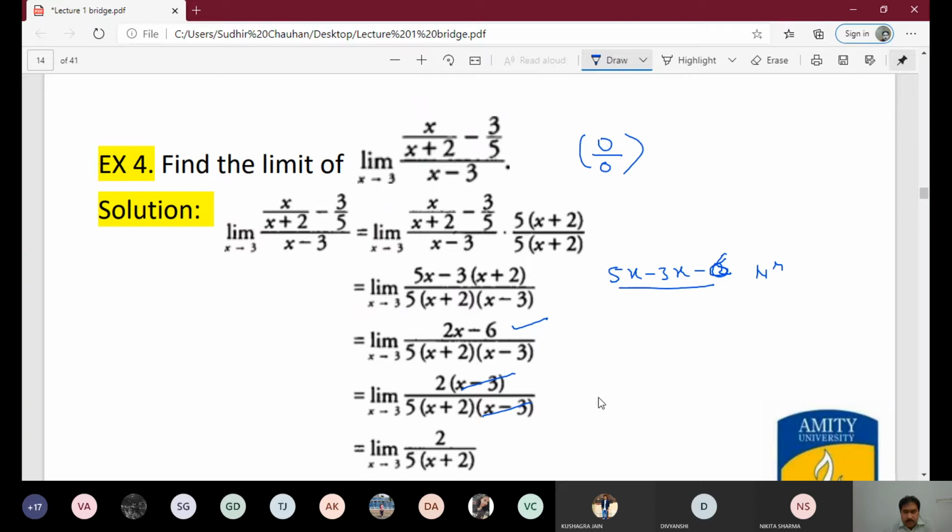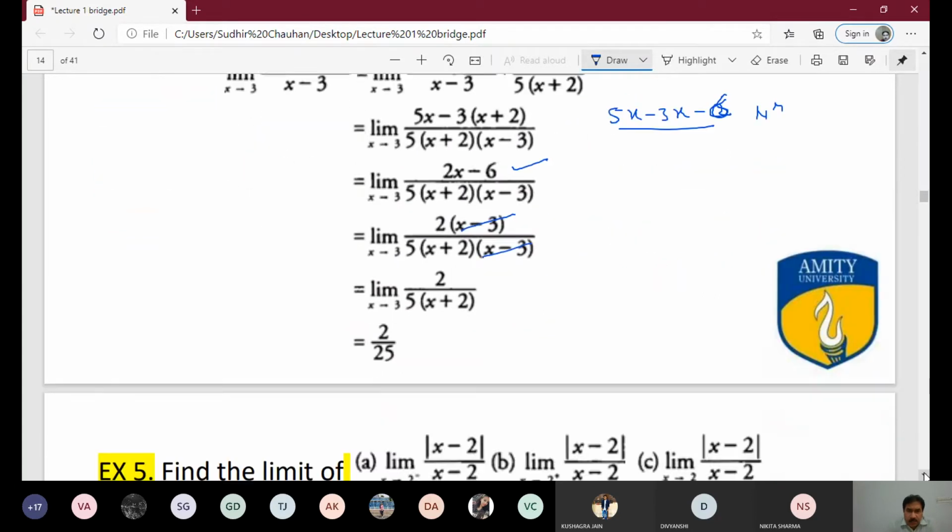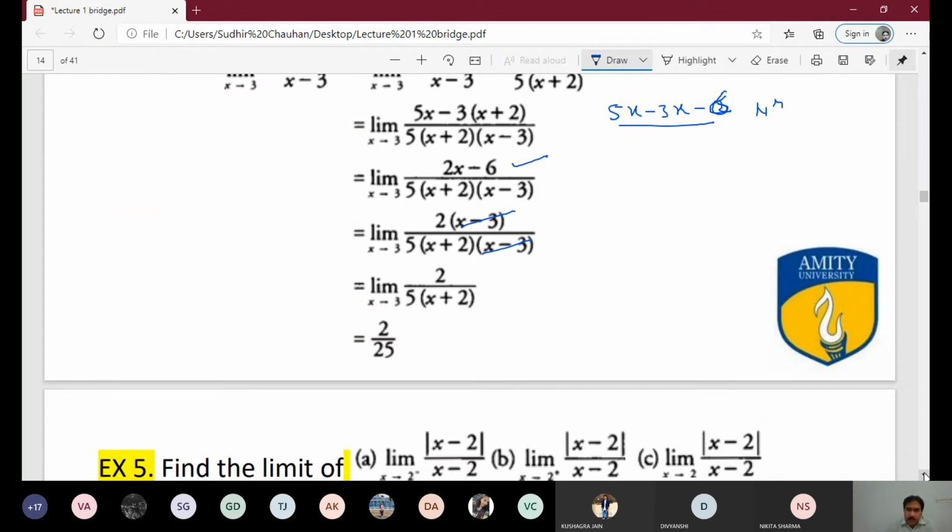Because of this common factor we were getting 0 over 0. Now it is out of the form of 0 over 0, and we can directly put the value. If we put x tends to 3, it will be 2 upon 5 into 5. So we get 2 upon 25. That is the answer.